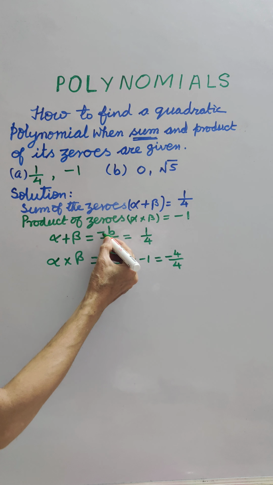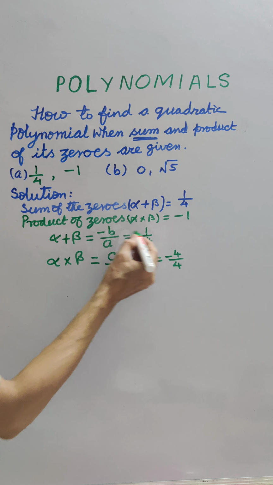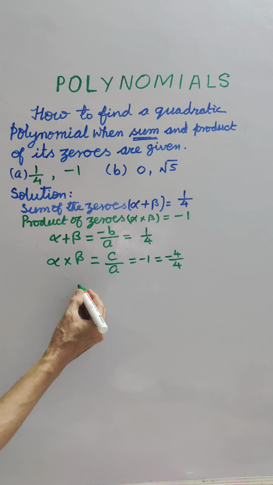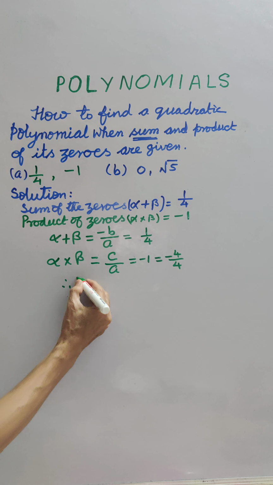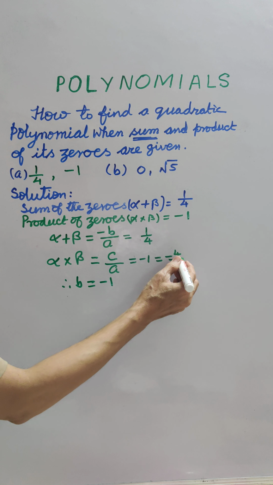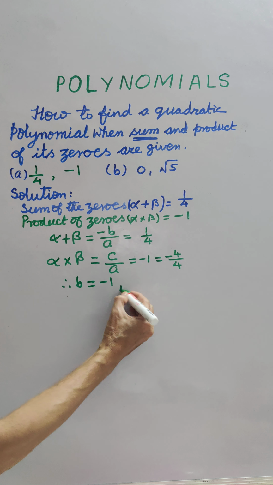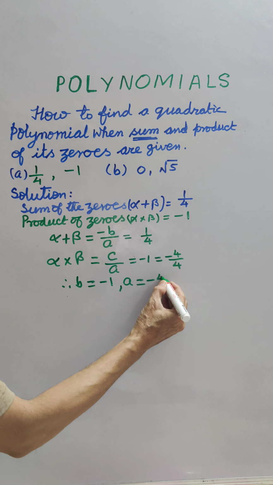This is 1 upon 4, and that is minus b upon a. So from here the value of b is minus 1. Therefore b is equal to minus 1 and a is equal to 4.